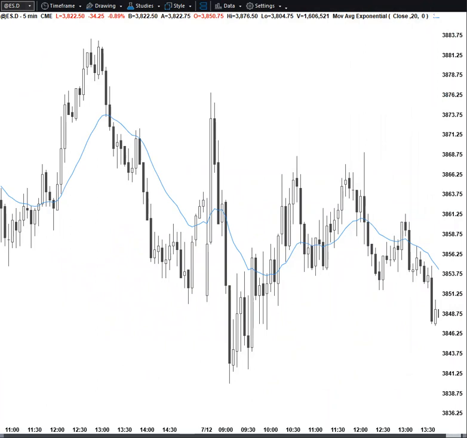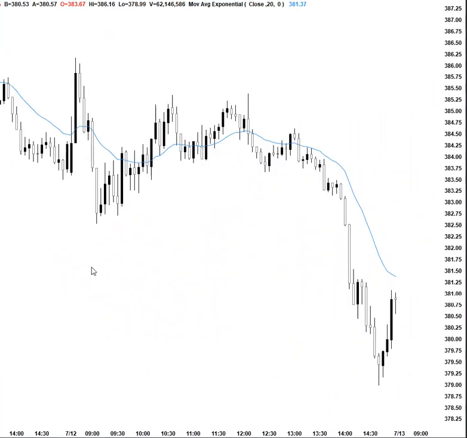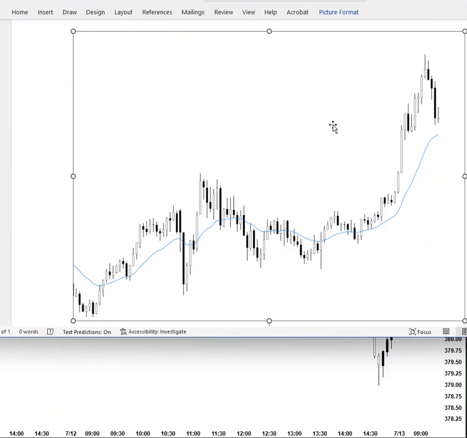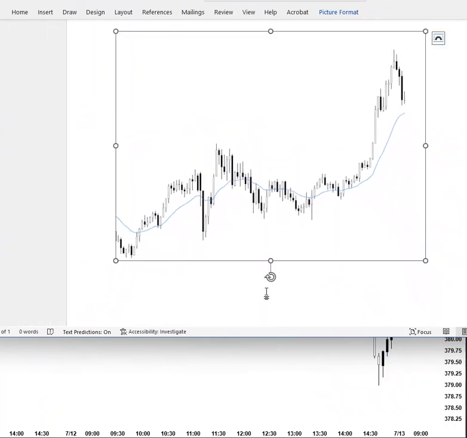I created an inverse chart, and what this is, I flipped the colors of the bars or the candlesticks around. So I made the black bars that are going down, I made them white. The bars that are supposed to be going up, I made them black. And I copy the chart. I can flip it upside down. So in other words, what I'll do is I'll just show you.